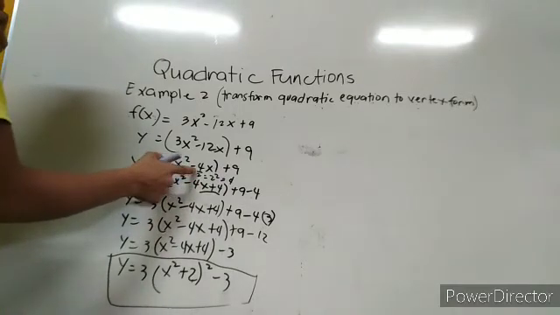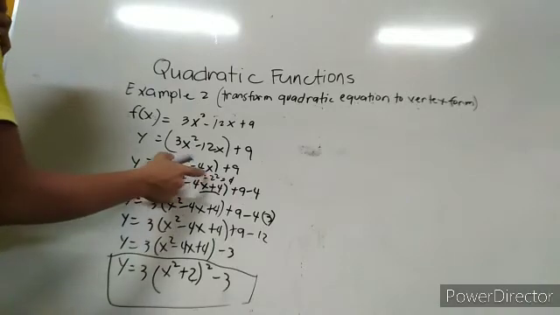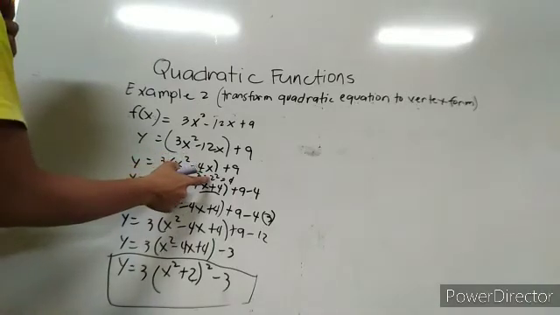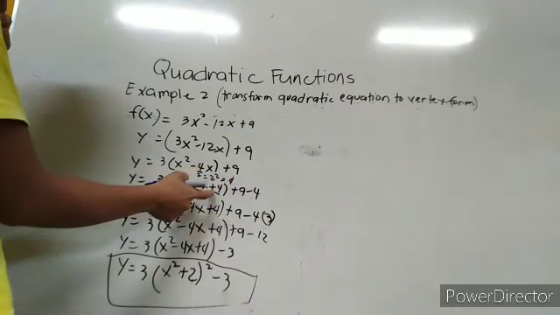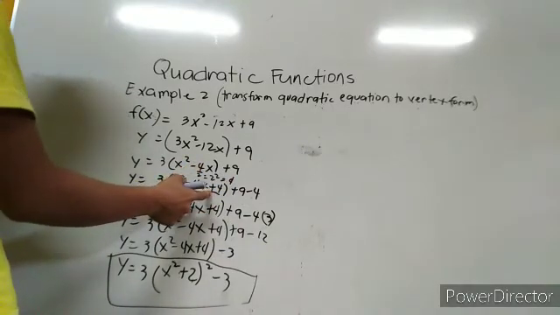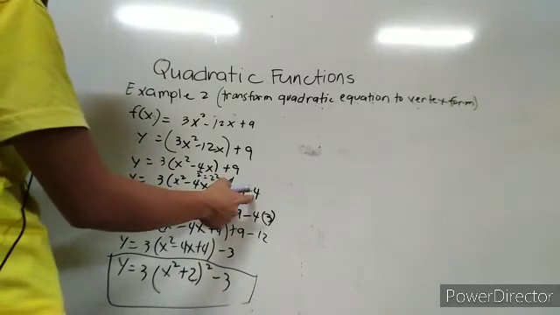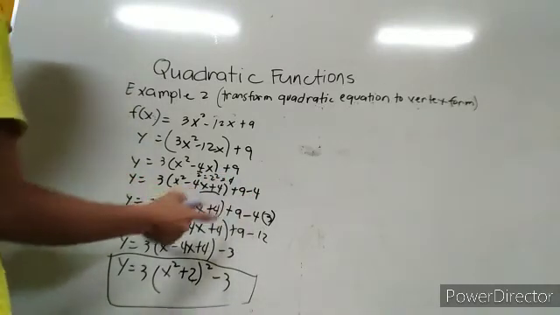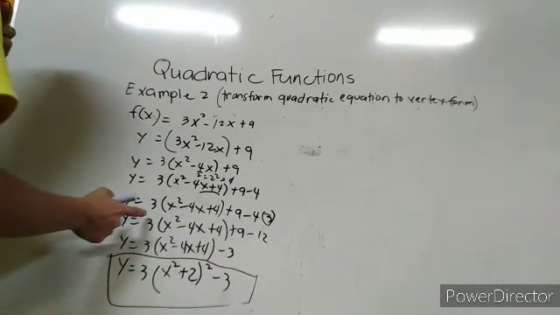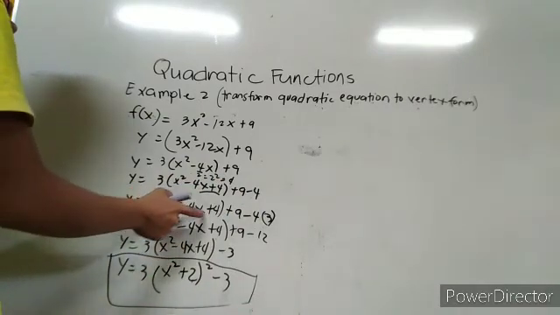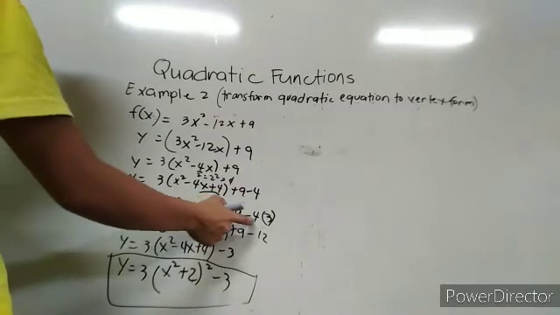Remember completing the square, no? We take the linear term, divide it by 2, then square it. 4 divided by 2 is 2, then squared that is 4. So we add 4 inside the parentheses, and outside the parentheses we subtract it. Plus 4 inside, minus 4 outside. Then we have 3 times x squared minus 4x plus 4, plus 9 minus 4, no?